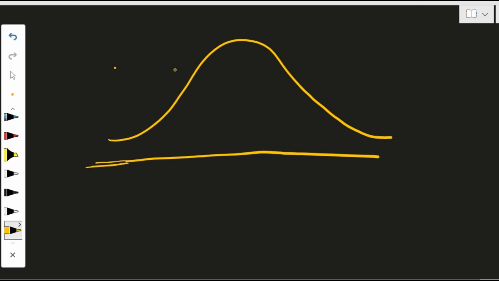Now, the empirical rule says that for normally distributed data, 68% of the data will lie within the first standard deviation. So if this is the median value, or we can also say this is quartile two or the median, then from this side we go to the first deviation minus, and then we take the first deviation plus.